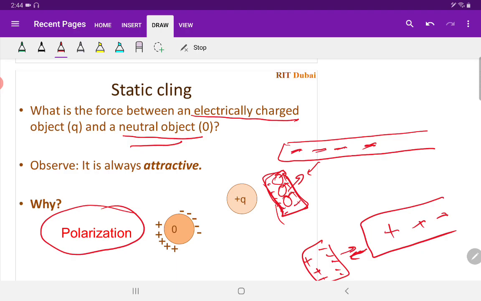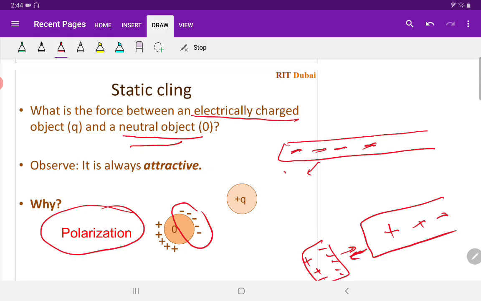The material of the neutral object will split the negative and the positive in opposite directions, in such a way that the opposite charge will be attracted to the source that's approaching. So if this is negative, the positive charge will be the one on that side. Why? Because the negative charge will be repelled, and it will be shifted away.